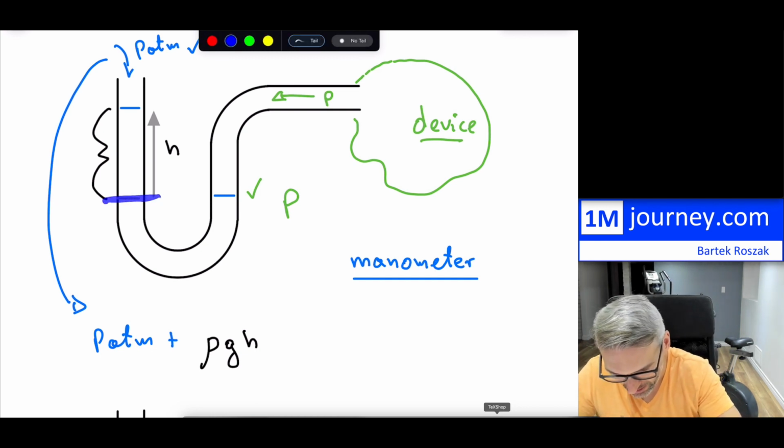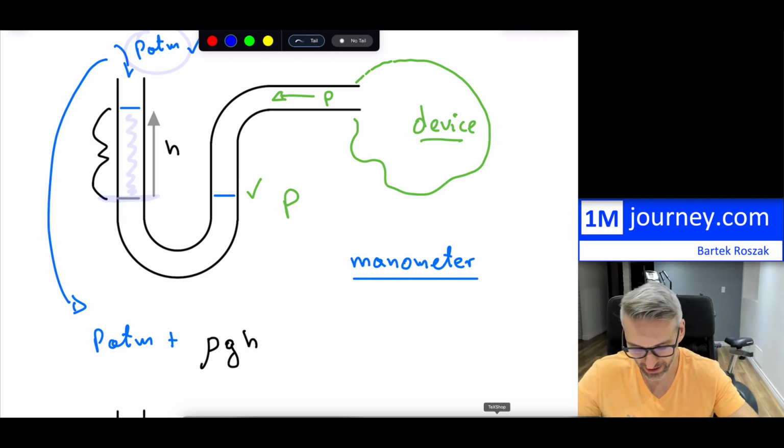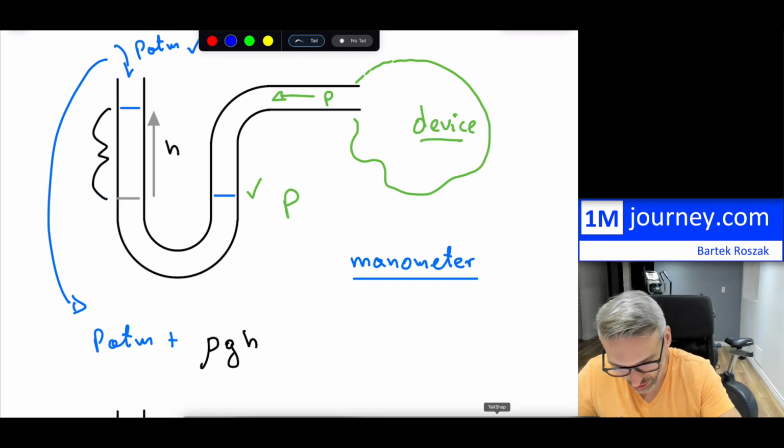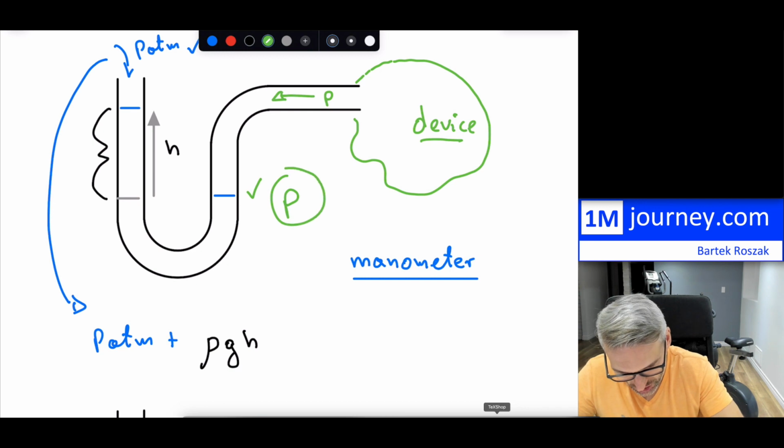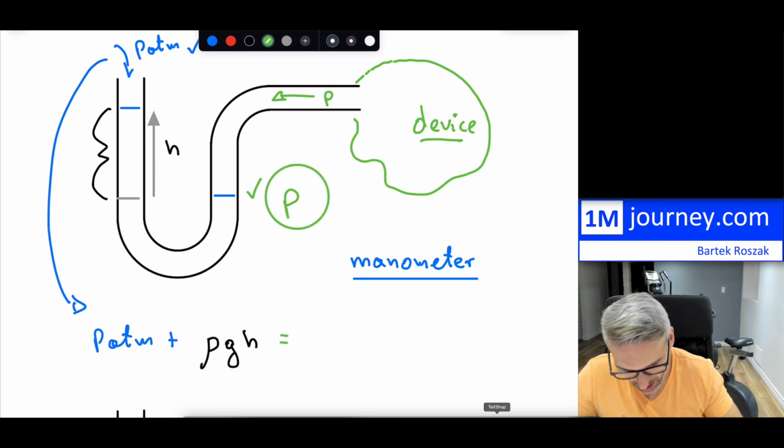The pressure is from the atmosphere plus the pressure from the actual fluid. Now, on the right-hand side, all we have is just the pressure coming in from that device, and that is equal to this P.